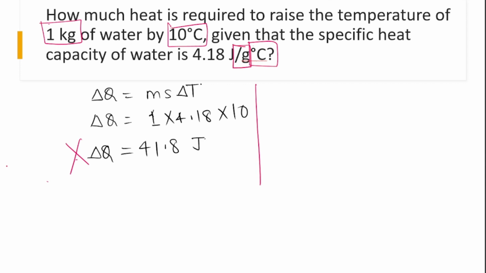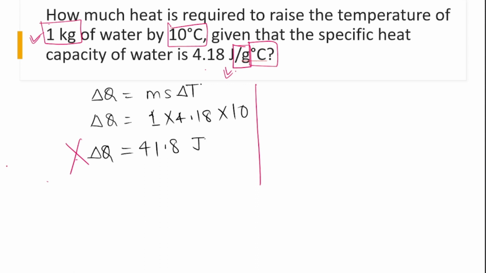So this is the difference between the mass unit and the specific heat capacity's unit. So what we can do is, either we can write this mass in gram, or we can write the specific heat capacity in the form of joule per kg degree Celsius.